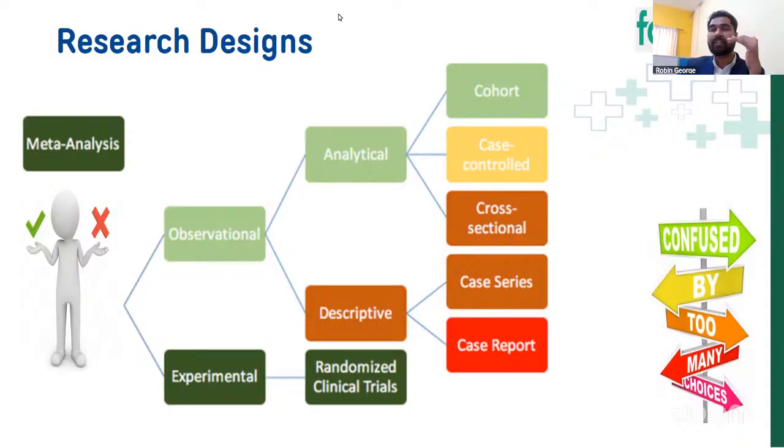Then the observational is further divided into descriptive and analytical. Under descriptive, we have case report and case series. Under analytical, we have cross-sectional, case control, and cohort study. Under experimental, we have the important one, randomized controlled trials. And finally, at the top, we have meta-analysis, which we saw in the first slide also.